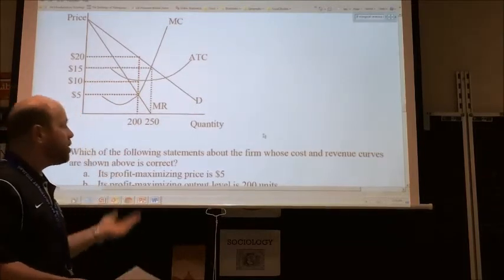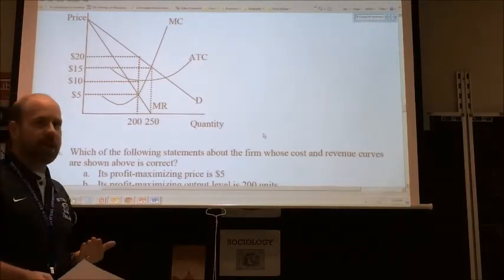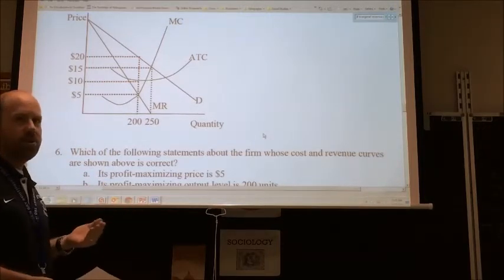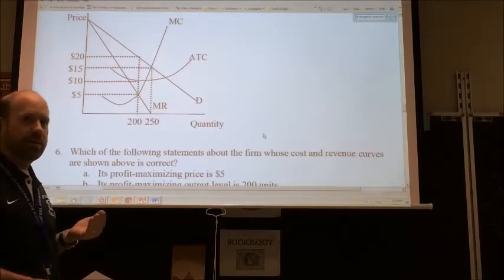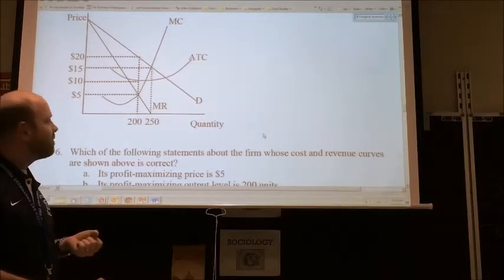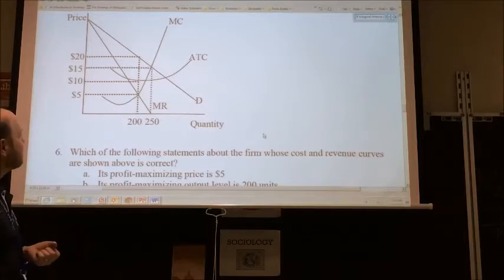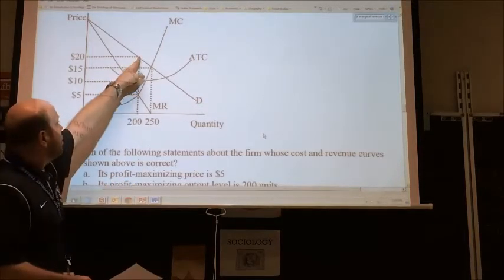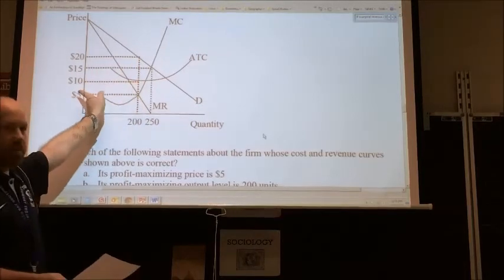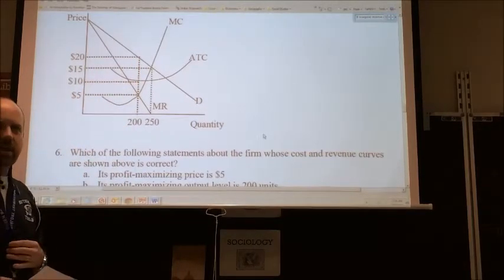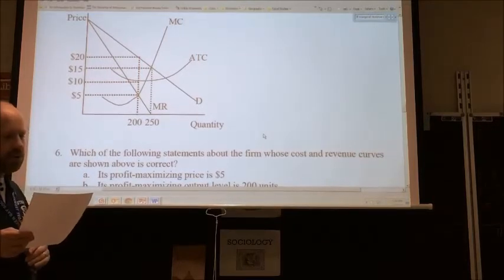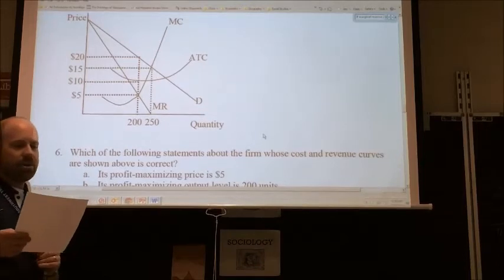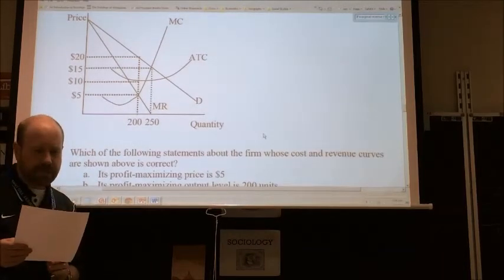On average, each of those 200 units cost you $10 to make, and you sold them for $20 each, so the profit for each unit is $10. So the actual maximum profit is going to be $2,000, which is half of the revenue.